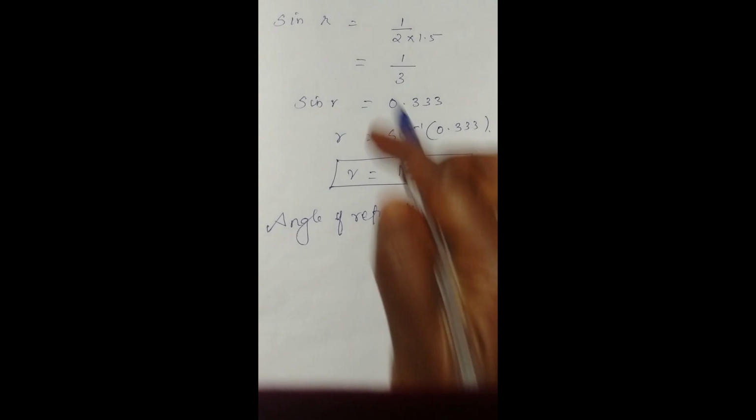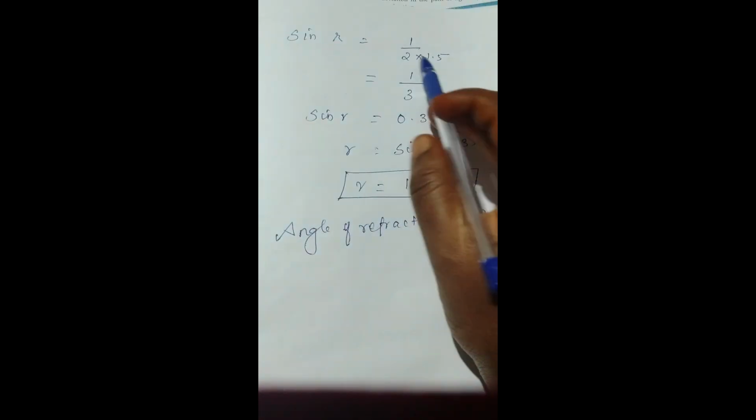If you are seeing those values, we can get the angle is 19.45 degree. For 19.45 we are getting this value, 0.33. So this is the angle of refraction, 19.45 degree.